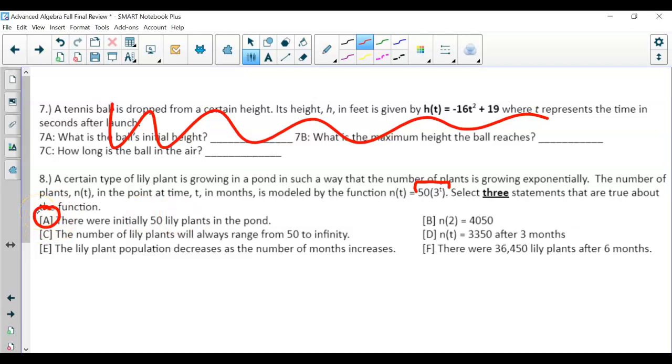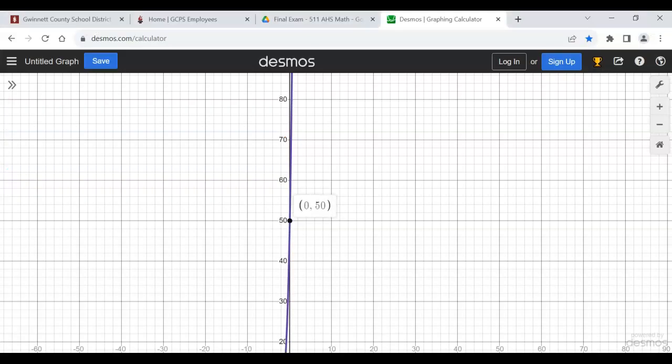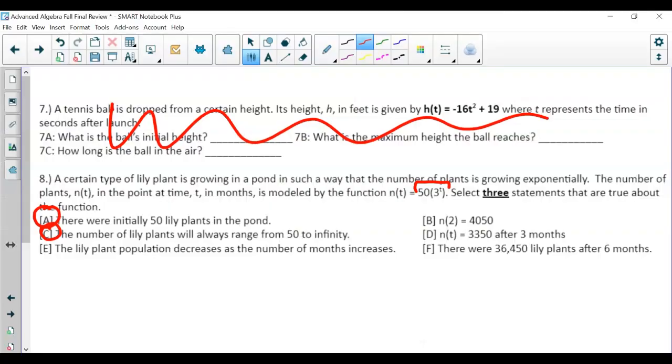Yes, that is true. So the number of lily plants will always range from 50 to infinity. That is also true. So now, did the population decrease as the number increases? Well, no, because if you recall, see, the graph is going up. So as they're increasing, the lily population is increasing. So E is not a solution.